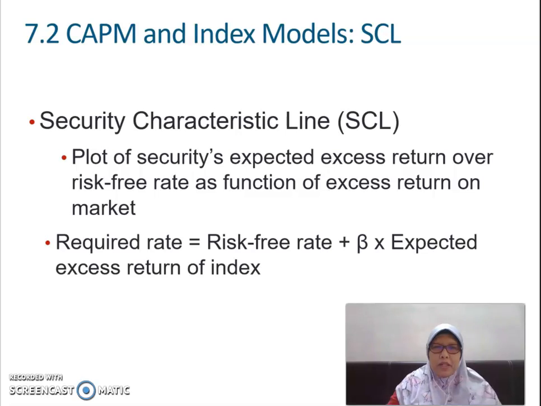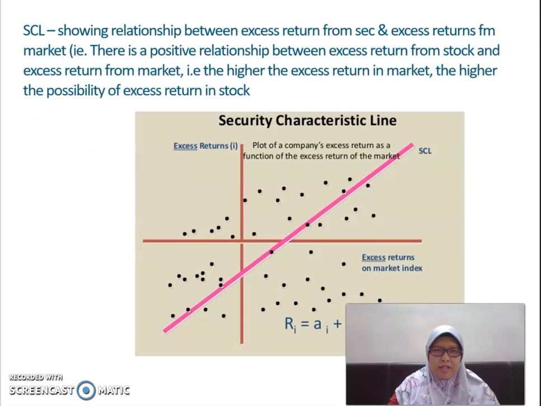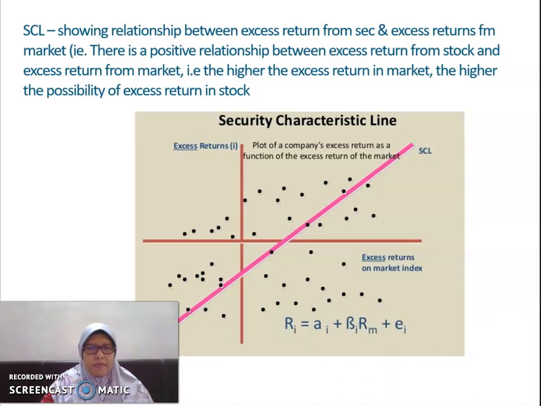Okay, what is SCL? SCL is a plot of a security's expected excess return over risk-free return as a function of excess return on the market. For example here, SCL shows the relationship between extra return from the security and extra return from the market.